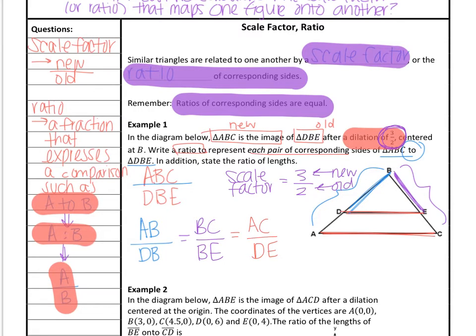And so then in this case, our ratio of lengths, the sides of triangle ABC to triangle DBE are in a ratio of 3 to 2. It's exactly the same as the scale factor that you just found, which is why we kind of said up above that those words were kind of interchangeable. Scale factor or the ratio of corresponding sides.